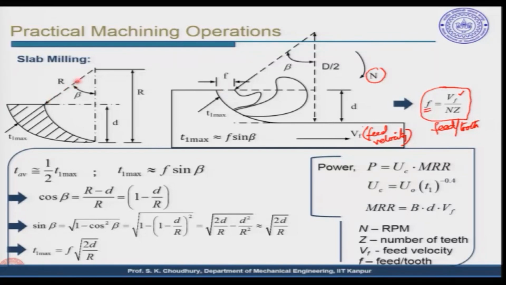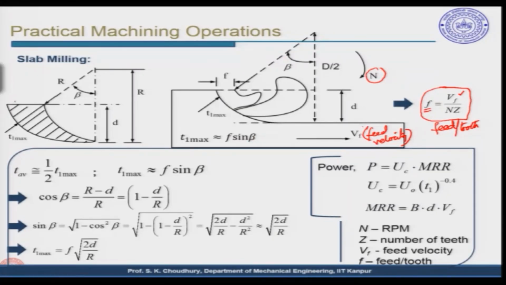Now, this is the radius of the milling cutter, D by 2, and small d is the depth of cut. Now, the T1 maximum can be assumed to be f into sine of beta, where beta is the small angle shown in here.